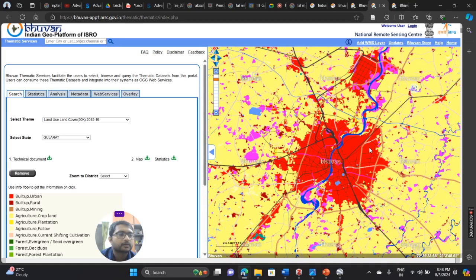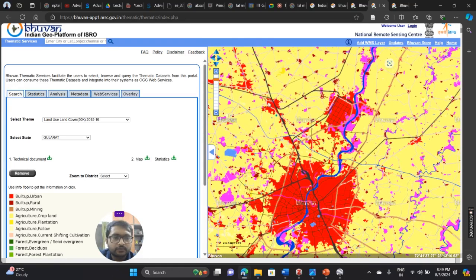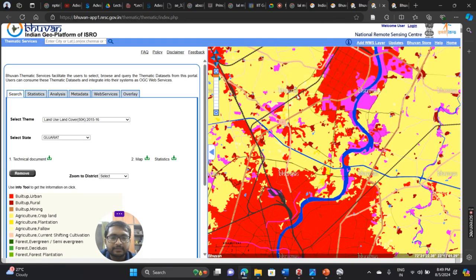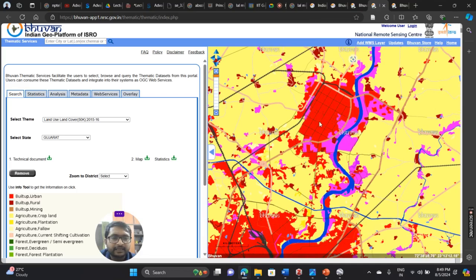So now you can see that now if we go to Gandhinagar, the details which we are getting are quite high. So the river also we are able to see properly compared to the previous product.